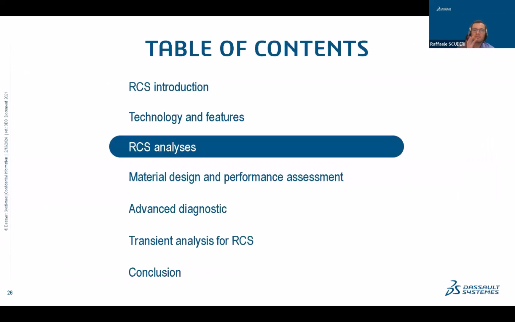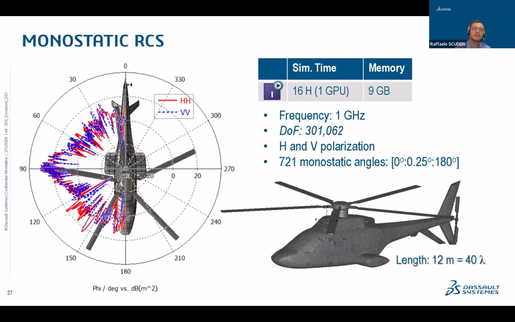And after this brief description of the CST Studio Suite technical offers, let's now deep dive a little bit more on the radar signature prediction and all the typical scattering problems an engineer, a scattering expert, has to deal with. Here I just want to give you an overview of different analyses that you can run with CST, and how you can do it.